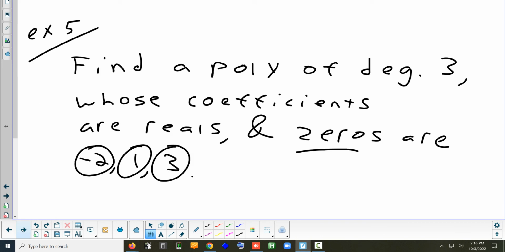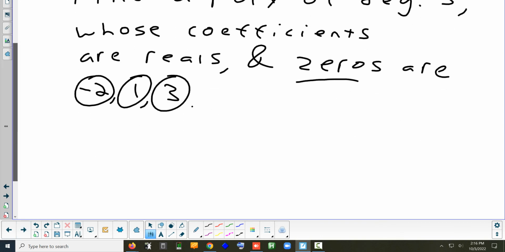So let's start with -2. If negative 2 is a root, then x minus what is a factor? X minus negative 2.